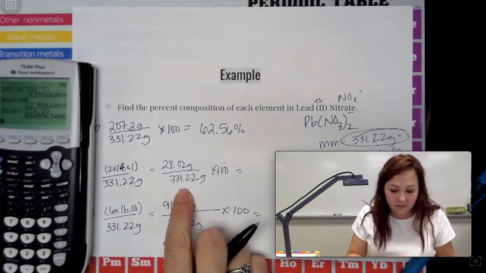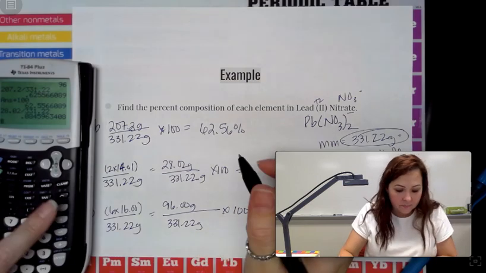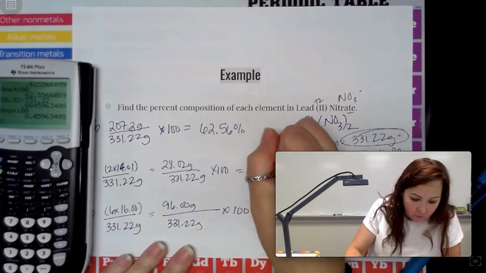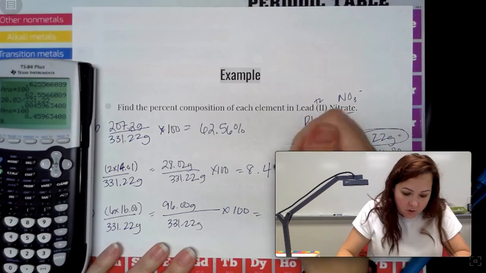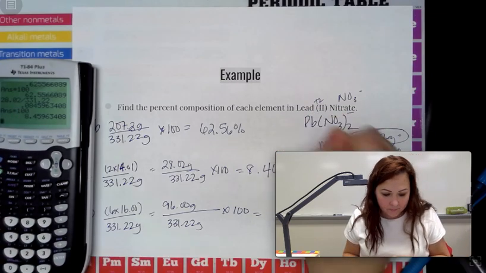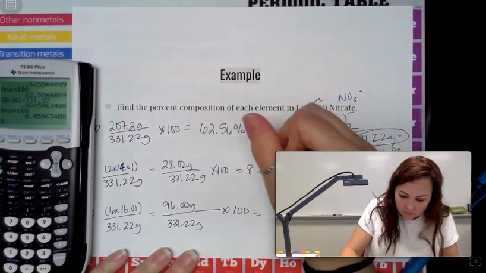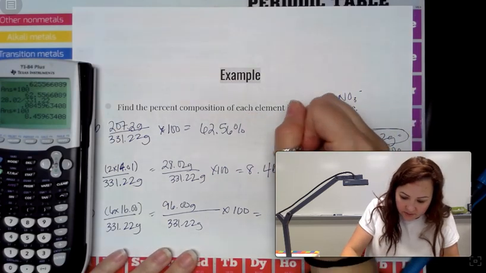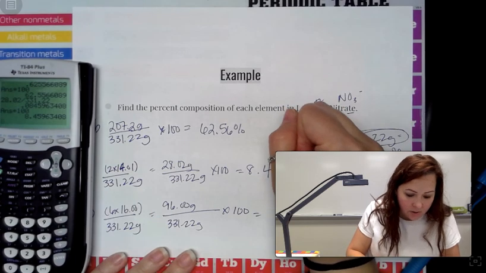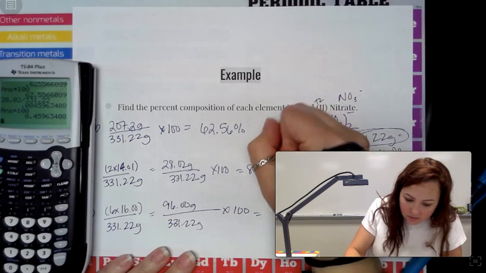Again, 4 sig figs, 5 sig figs. I can only have 4 sig figs in my answer. So 8.4, 1, 2, 3. I didn't round right. I looked at the wrong number next door. Oh my goodness.